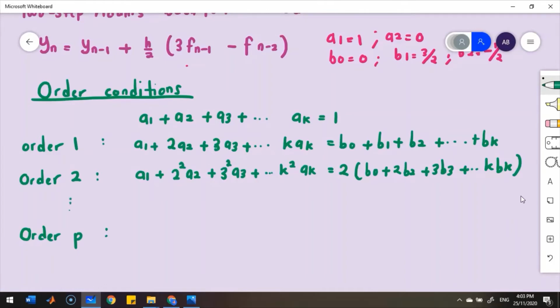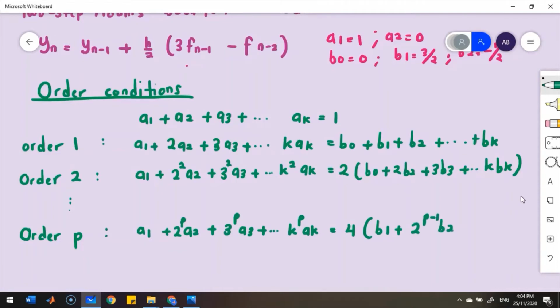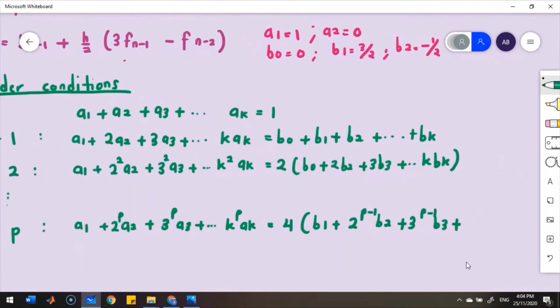The order p condition is a1 plus 2 to the power p a2 plus 3 to the power p a3 plus k to the power p ak equals p times b1 plus 2 to the power of p minus 1 b2 plus 3 to the power of p minus 1 b3 plus and so on. This can get a bit complicated, so I show you the most important ones and the rest you refer to my slides.